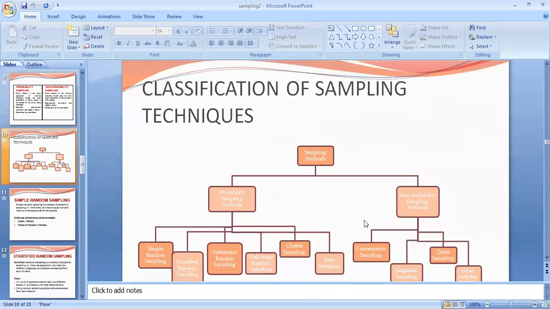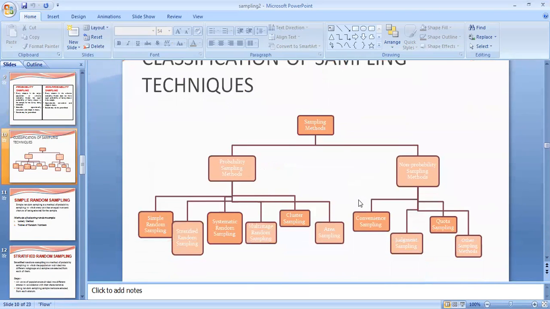There is a huge classification of sampling techniques. First, sampling methods are of two types: probability sampling and non-probability sampling. Probability sampling mainly includes simple random sampling, cluster sampling, and systematic random sampling, and another two parts, stratified random sampling and area sampling.